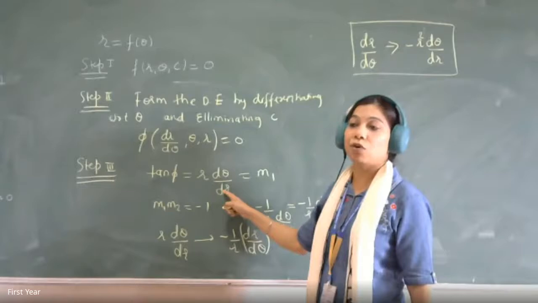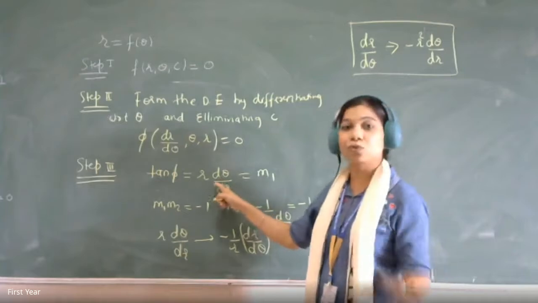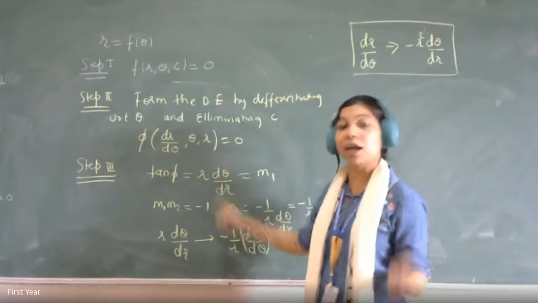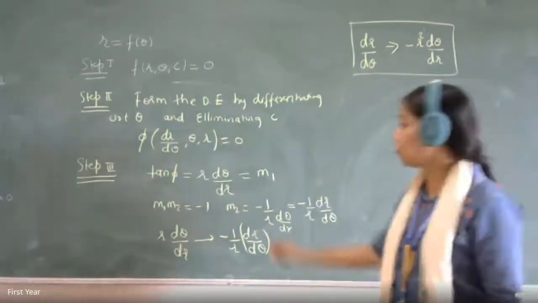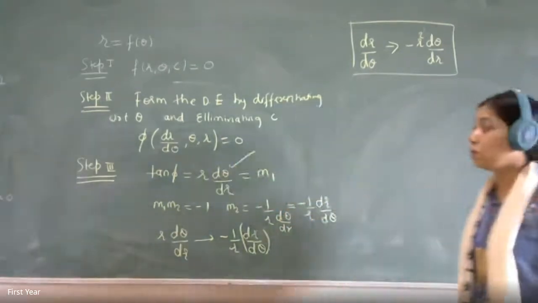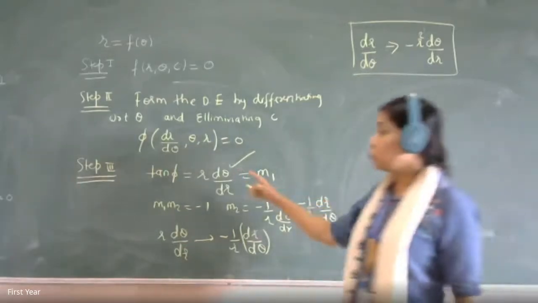Tan a plus b formula is there, and secondly interior angle and exterior angle का relation. So that is supposed to be known to the engineering students. Still, I have shared the video in very simple language. Please go through that. Why this? Tan phi is equal to r d theta by dr. Is it okay? So that is one slope.